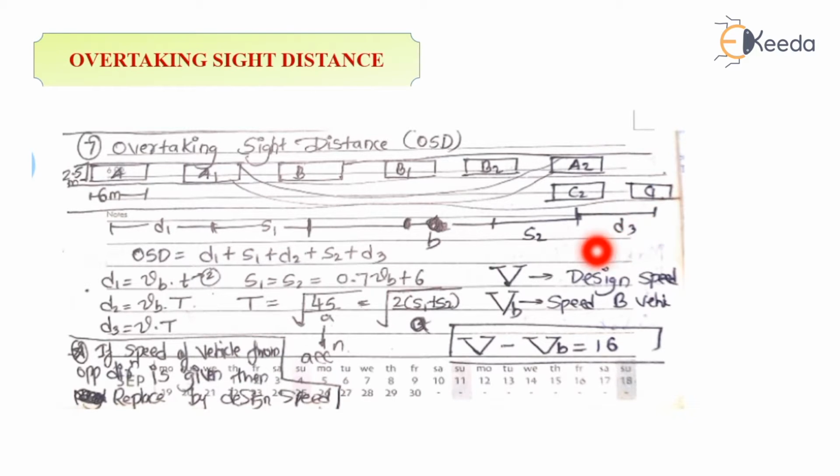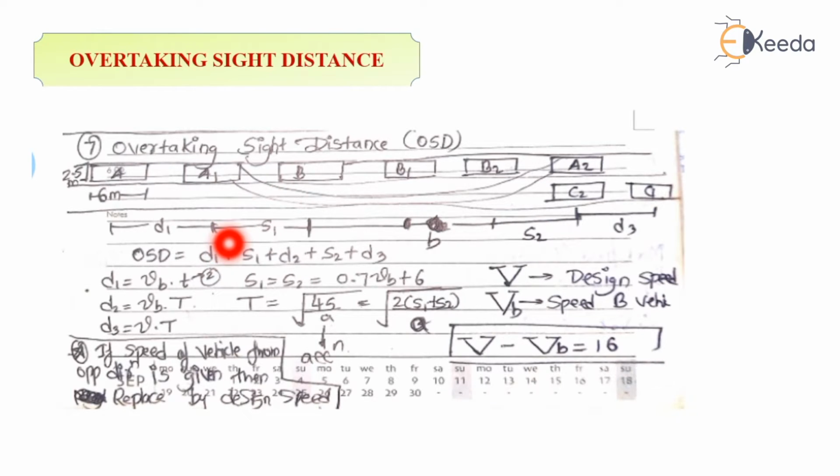Now we will talk about D2. D2 is nothing but the combination, or sum, of S1, B and S2. So we will study what S1, B and S2 are.